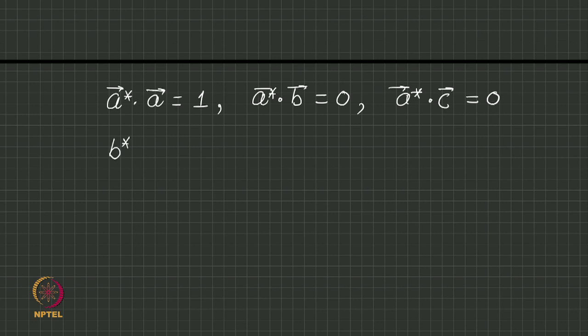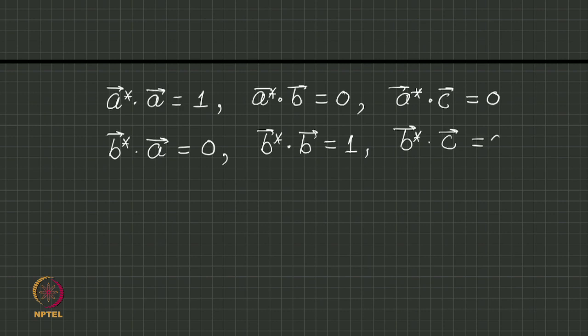Similarly, for B star, B star dot A is 0, B star dot B is 1 because of same type, B star dot C is 0.